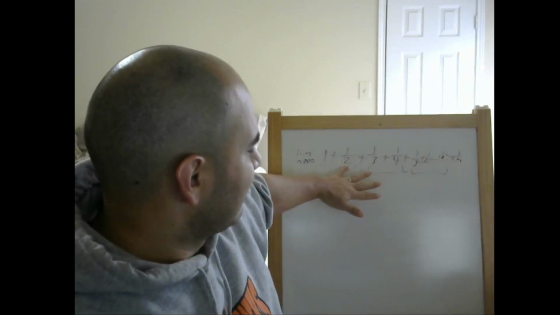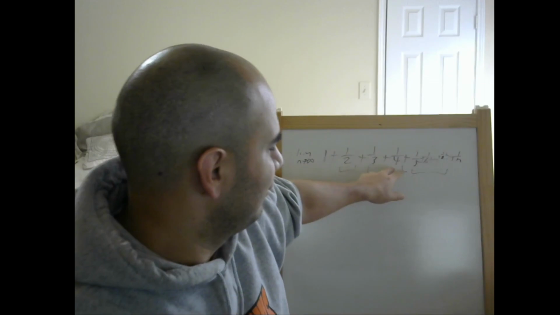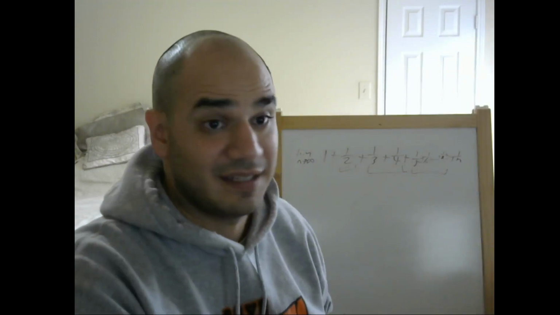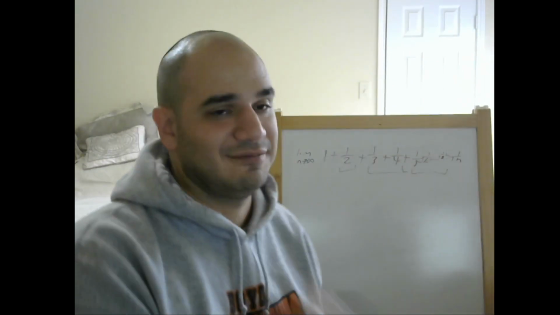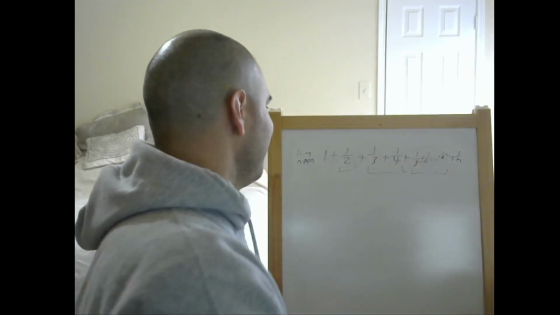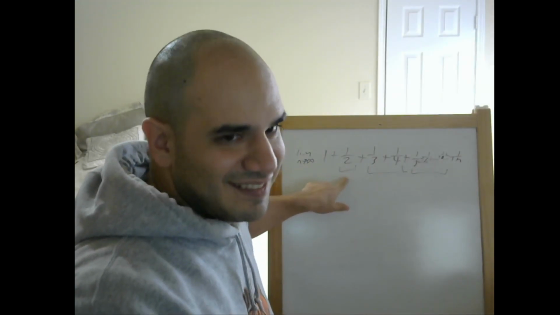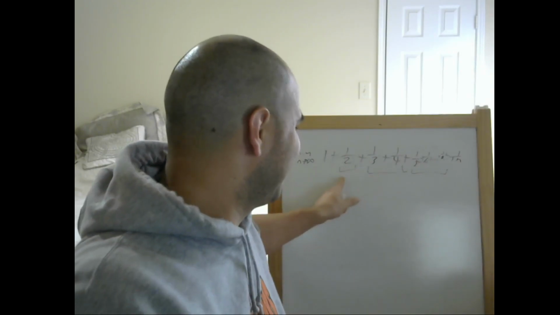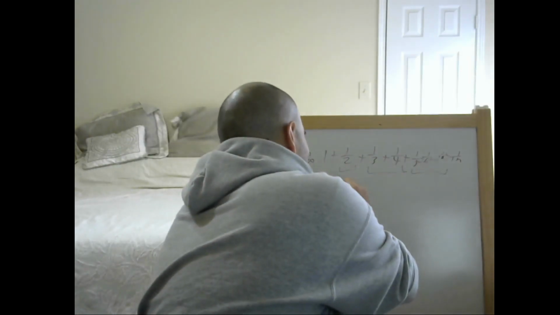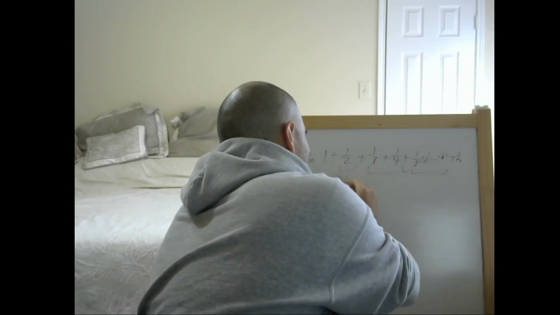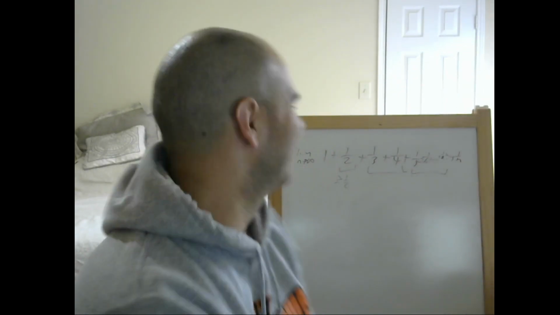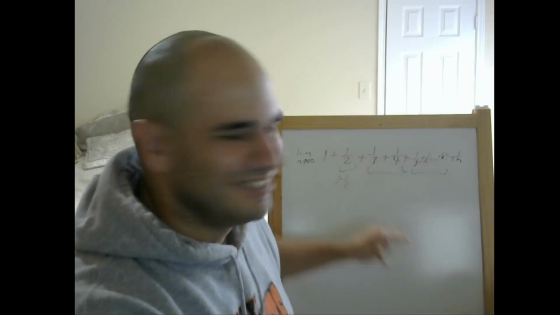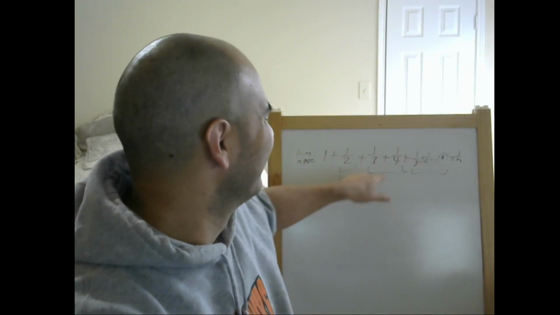So we set the size of 1, 2, 4, and then 8, and so on. And then we'll see that the pattern holds. So the sum of this set is greater than or equal to 1/2. So you'll see why we use the inequality later.